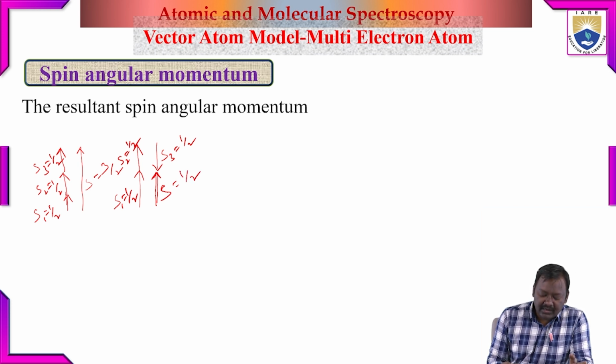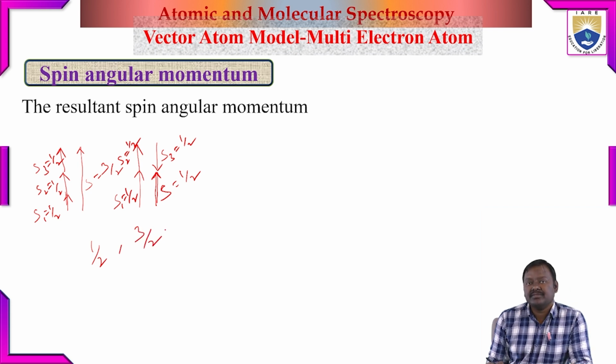So when there are three electrons, the total spin angular momenta could have the values 1 by 2 or 3 by 2. There could be two possible values for total spin angular momenta.